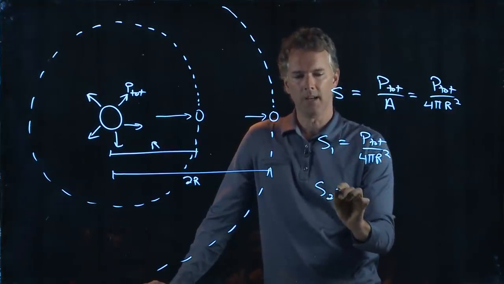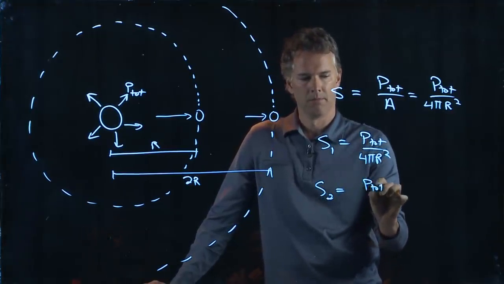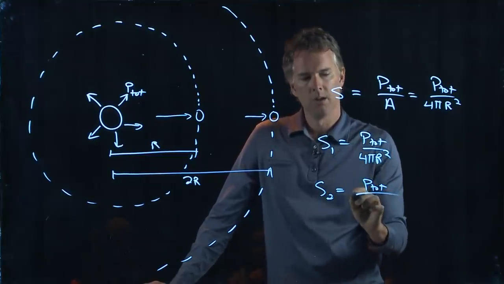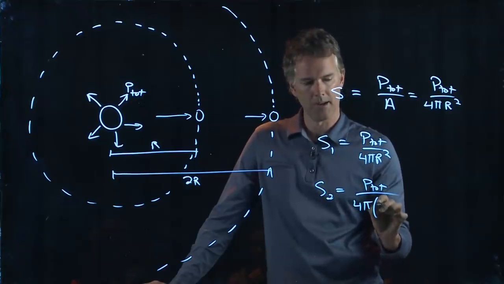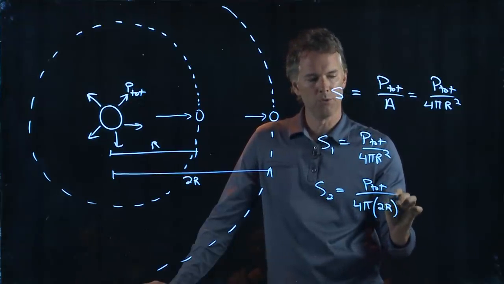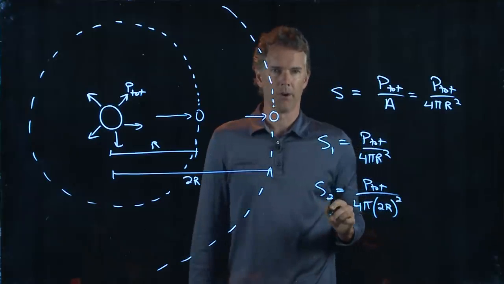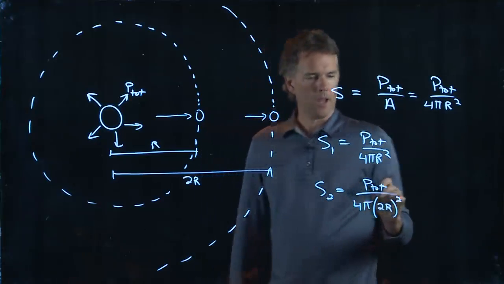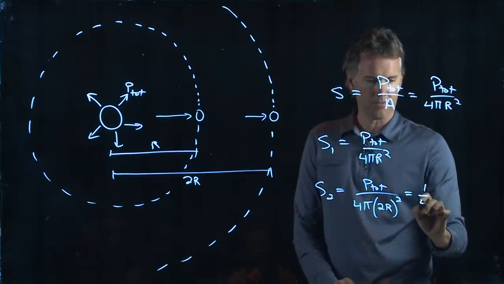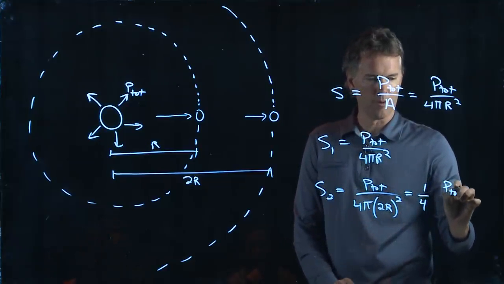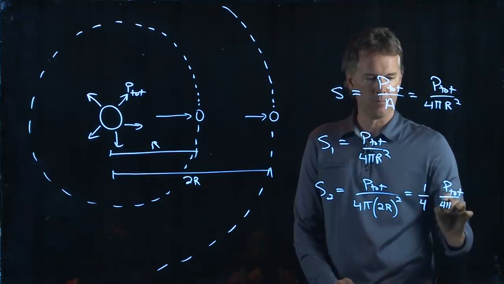So in the first case, it's just 4 pi r squared. But in the second case, the power doesn't change, but what does change is this radius down here becomes 2r quantity squared. And now I have a 1 over 2 squared, and that's the same as 1 over 4 of what we had before.